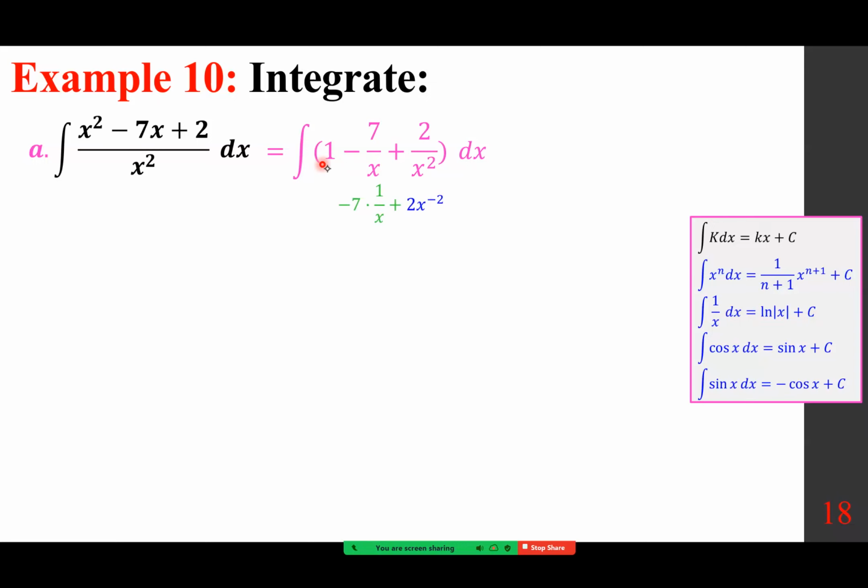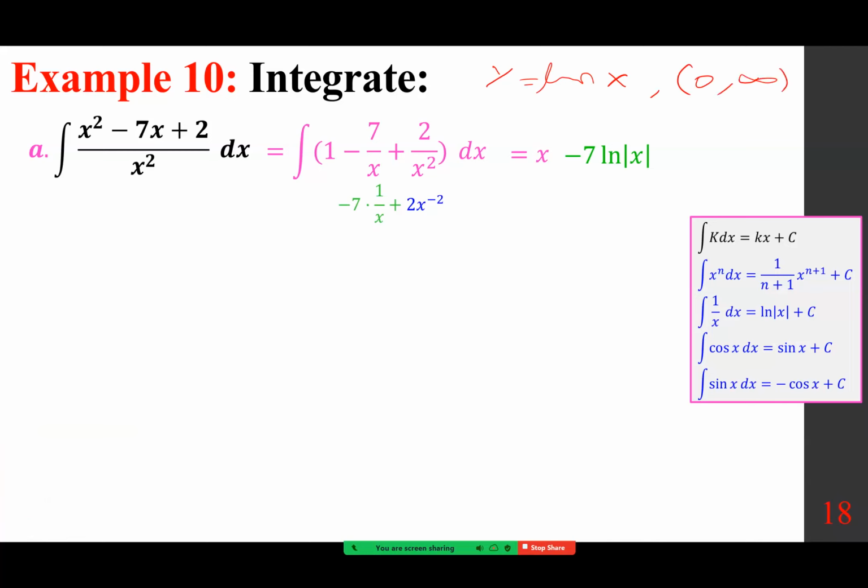So 1 gives you x. Minus 7 over x gives you minus 7 times 1 over x. Therefore, minus 7 ln |x|. By the way, the reason we put this in an absolute value is because y equals ln x has a domain of 0 to infinity.